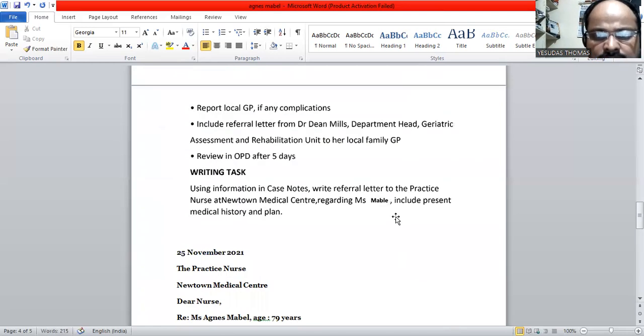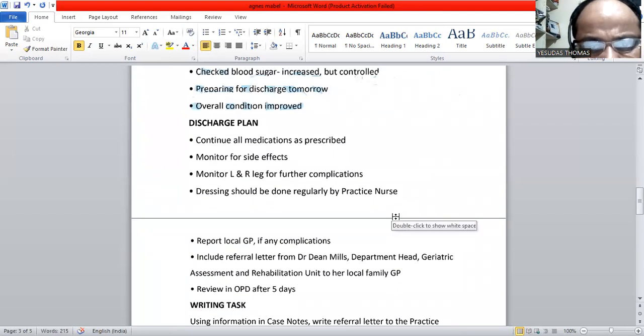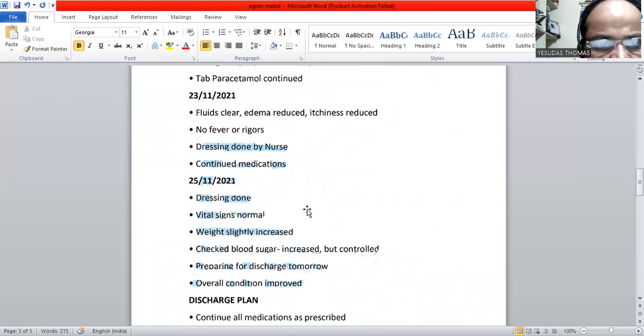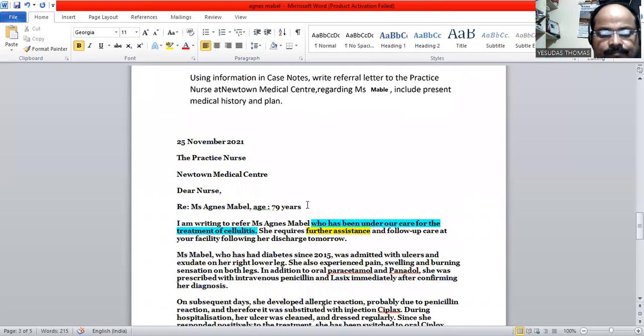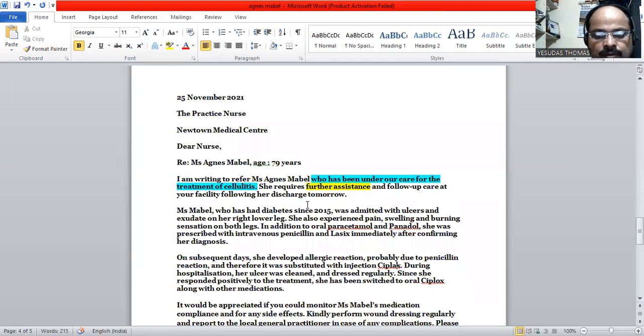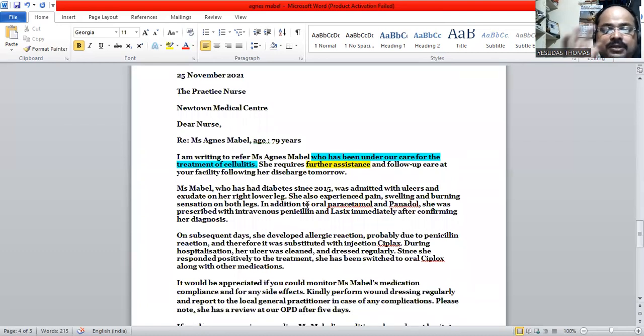Ciplax, right? I think it is Ciplax. Yes, it is Ciplax. So on subsequent days, we started insulin, penicillin, Lasix, Panadol, paracetamol for treating her cellulitis.